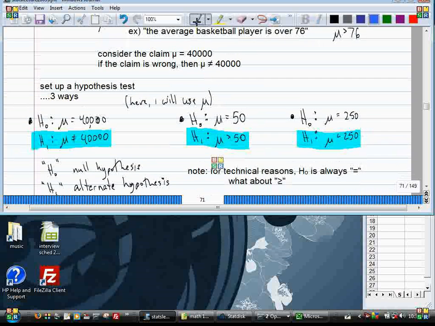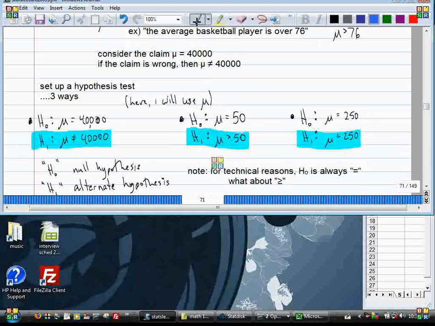Now, what does the picture for each of these look like? Well, let's work from right to left. When mu is less than, where do you think you're going to shade? To the left. And in the middle one, mu is greater than, where do you think you're going to shade? To the right.